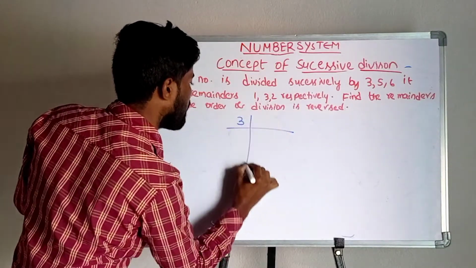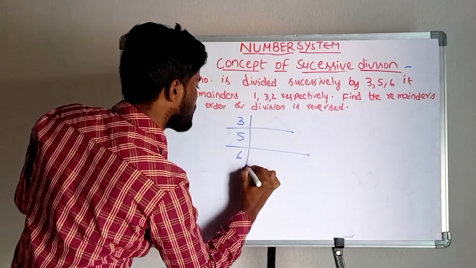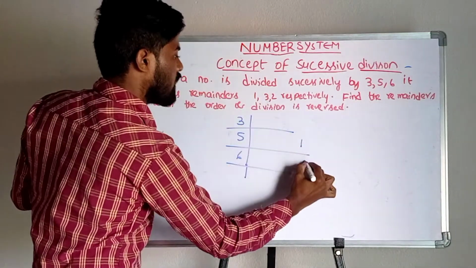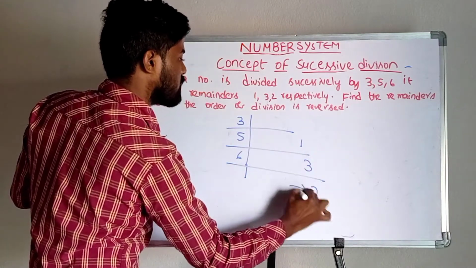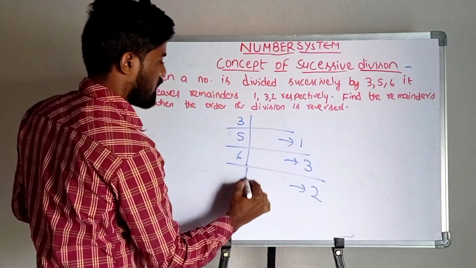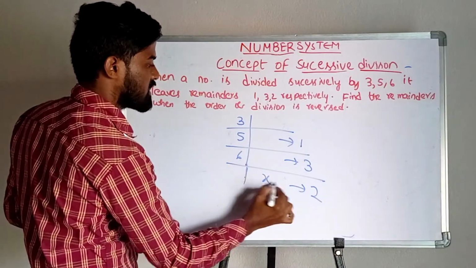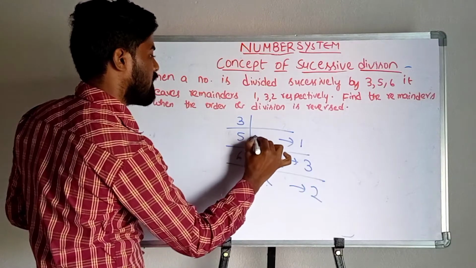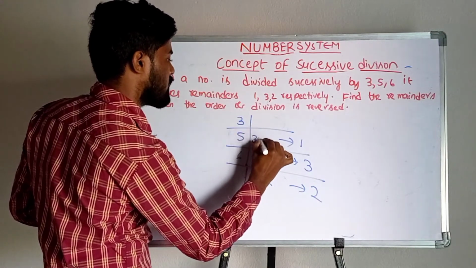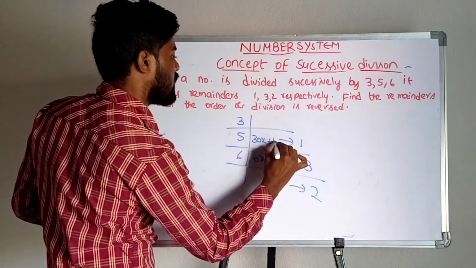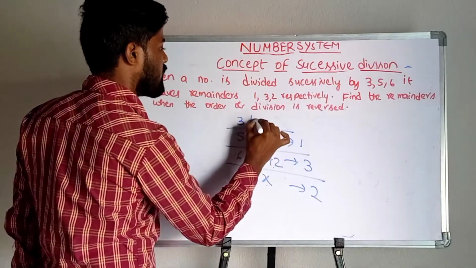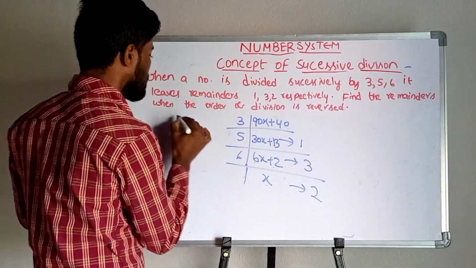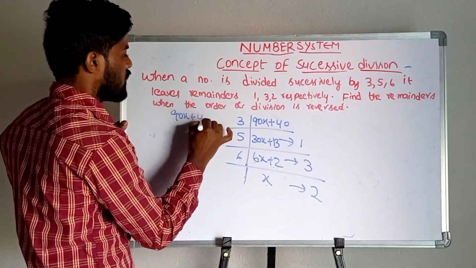Assume this value as x: 6x plus 2, then 5 into (6x plus 2) plus 3, that is 30x plus 13. Then 3 into (30x plus 13) plus 1, that is 90x plus 40. That is, the general number is 90x plus 40.